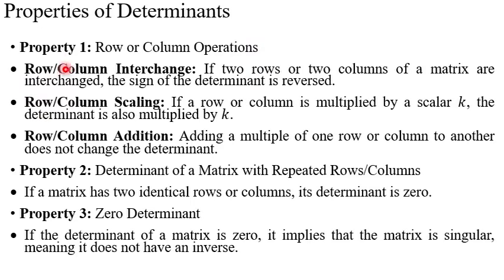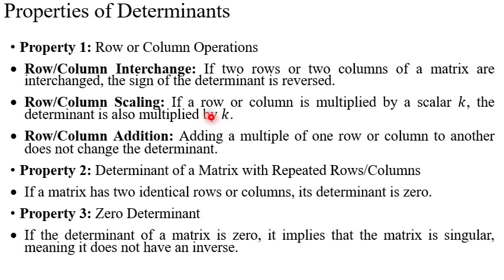Okay, then the second thing that is possible when we want to perform row or column operation is that if a row or column is multiplied by a scalar, the determinant is also multiplied by that scalar.